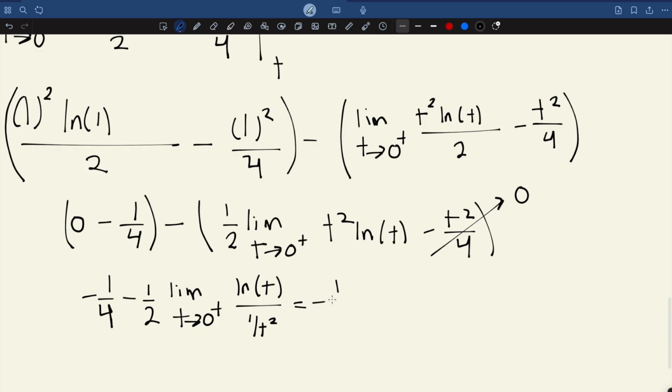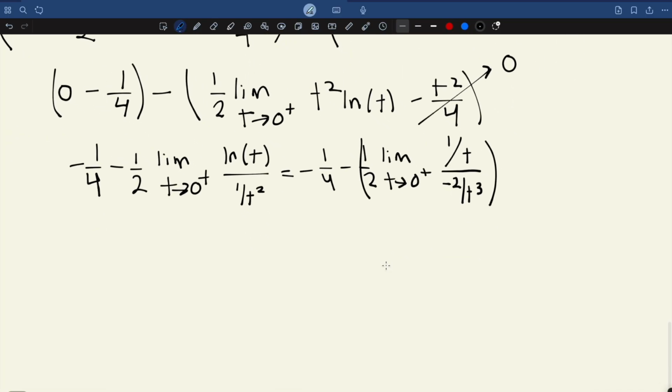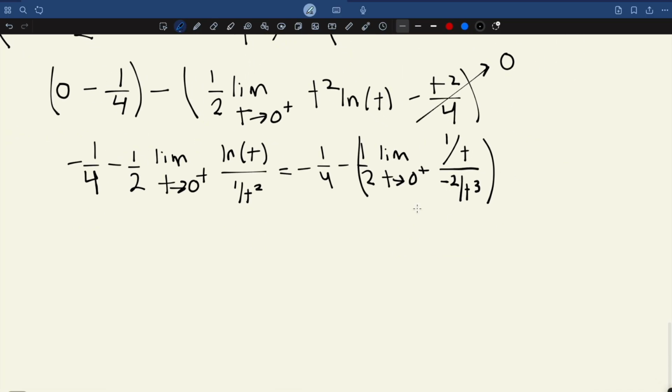So now that we've simplified the limit using L'Hopital's rule, it's a fraction over a fraction, so we can simplify that a little more to make it a little neater.